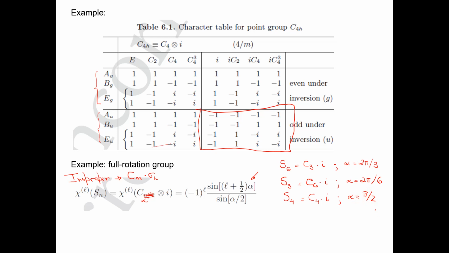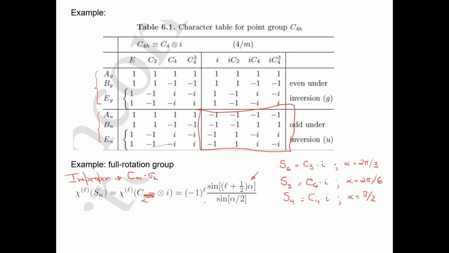Okay, so we have to be careful in choosing the correct value for the angle alpha depending on the case here, but the idea is the same. So you combine the character for the rotation, which is given by this.